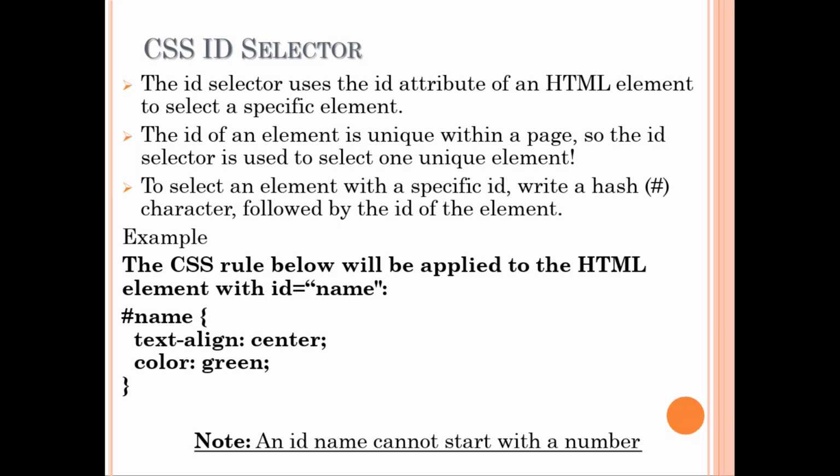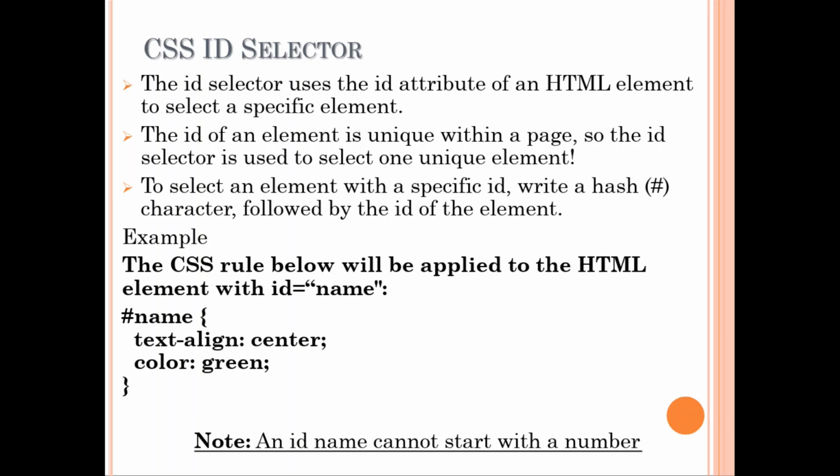Keep this in your mind: the ID selector and the class selector are used with an HTML tag. So to use this we need an HTML tag, and these ID and class will become our attributes.